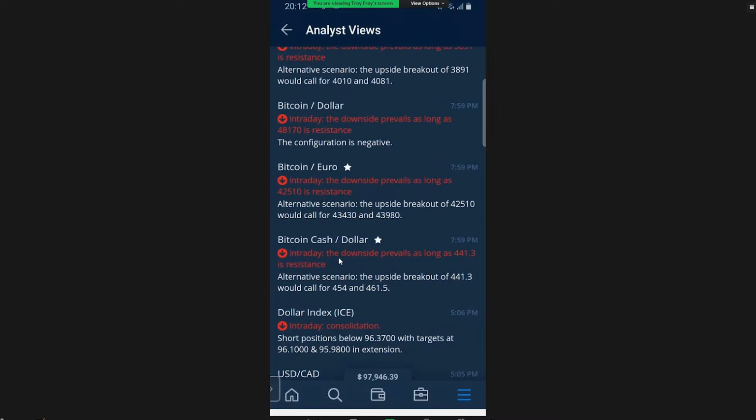Intraday on the downside prevails as long as 441.3 is resistance, meaning as long as this movement didn't go above 441.3, then they're saying the sell signal is still relevant. So it doesn't matter if it's 2 hours later, if the movement didn't break above 441.3 to show an uptrend, 441.3 is a resistance level that they're saying as long as it didn't break above that, then they still think it's a downtrend today. And then it tells you an alternative scenario as well.